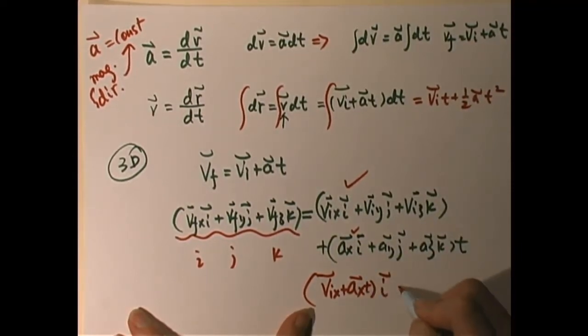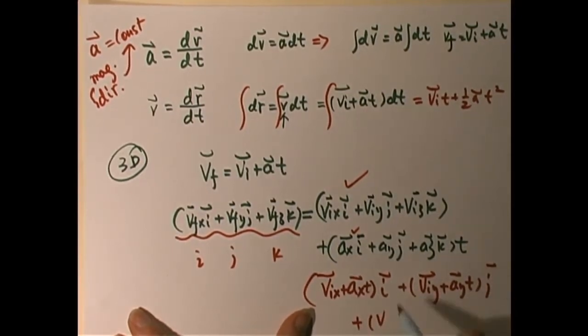Then the next term is v initial y plus ay t of j, and then v initial z plus az t of k term, right?